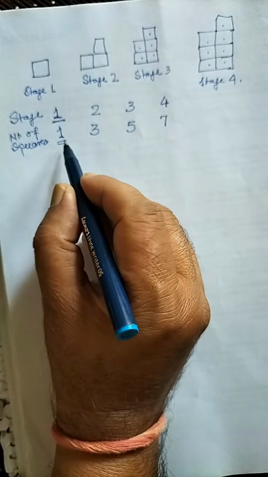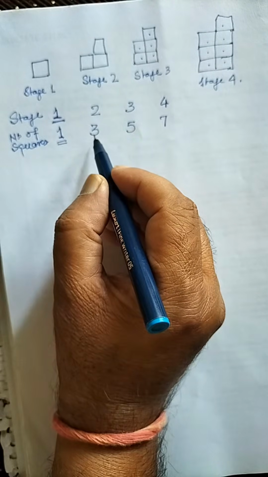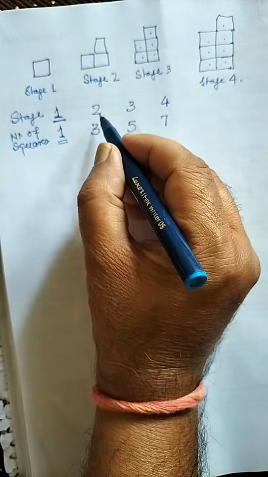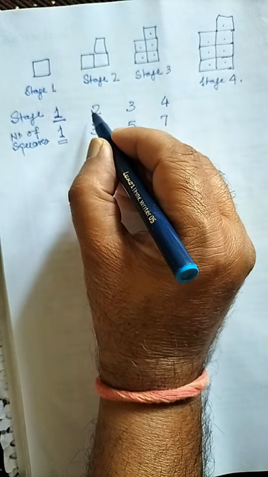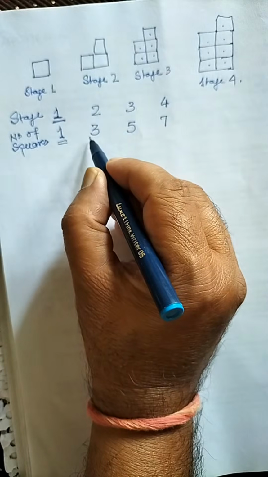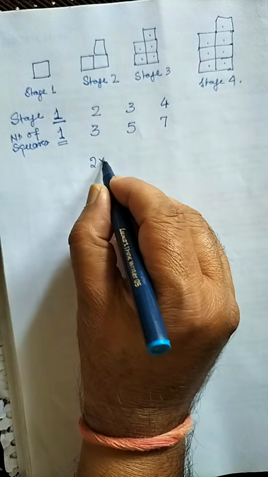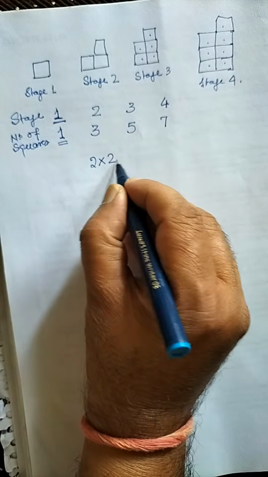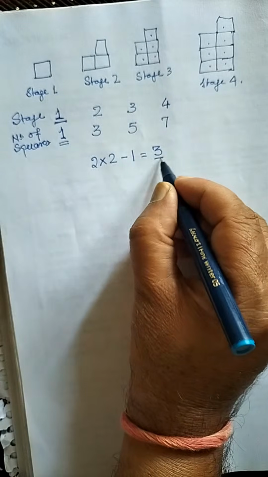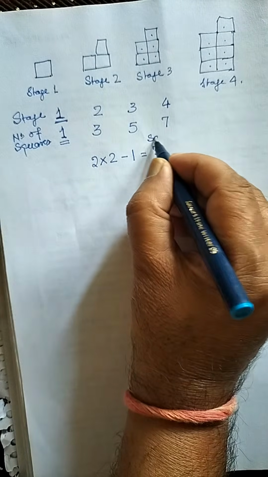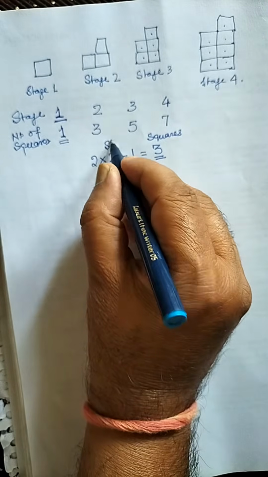Very clearly we can see the relation between the number of squares and the stage. For example, if I take the second stage, the number of squares is 3. So 2 times the stage number minus 1 is 3.